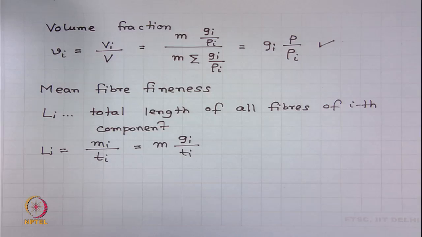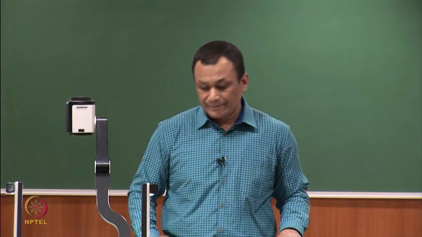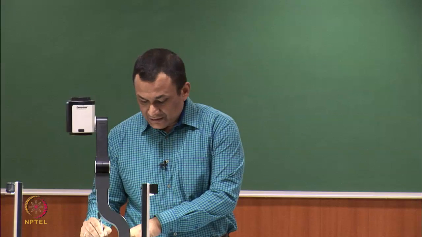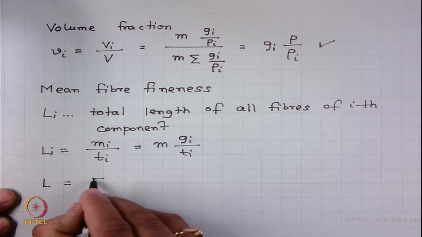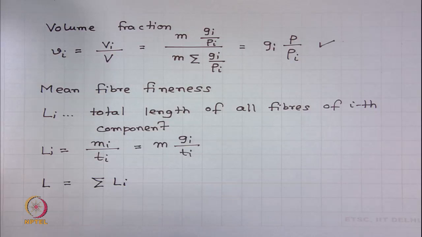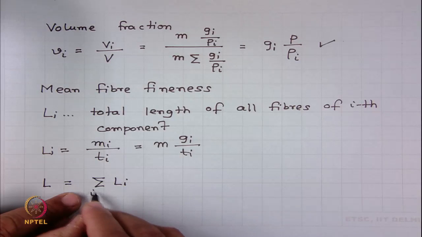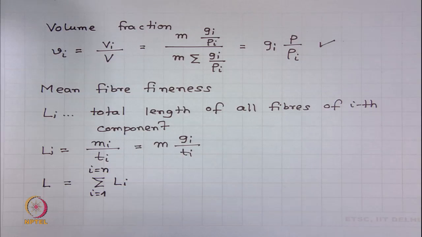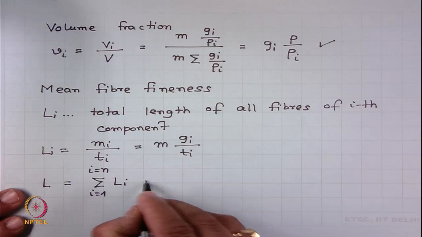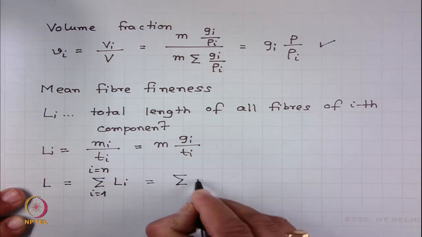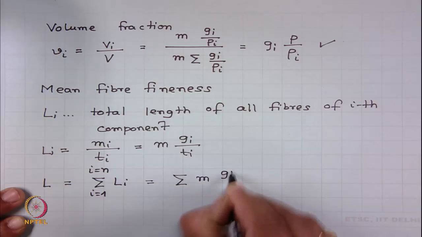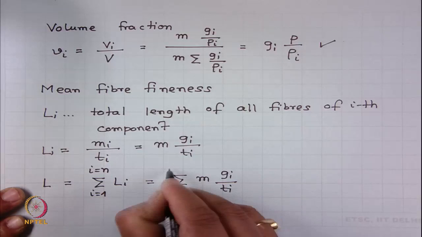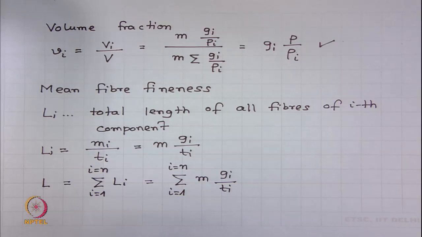What is the total length of all fibers in the blend? Capital L without subscript, that is equal to summation L subscript I, where I from 1 to n. So, summation m into gi by Ti, I is equal to 1 to n.